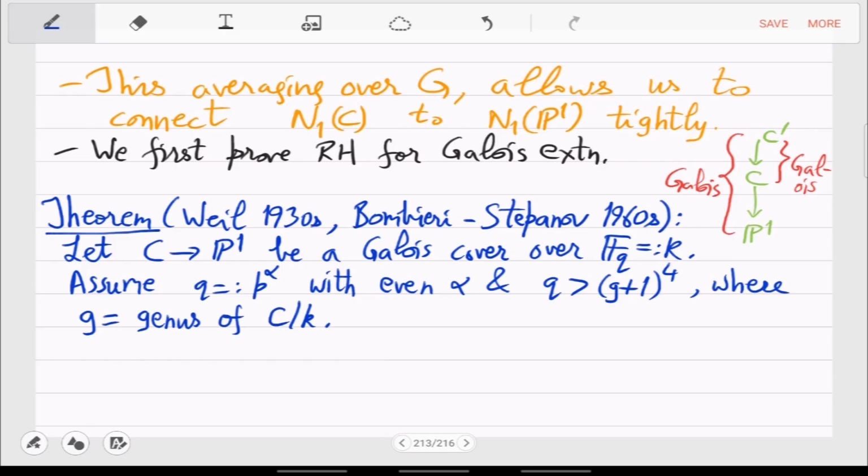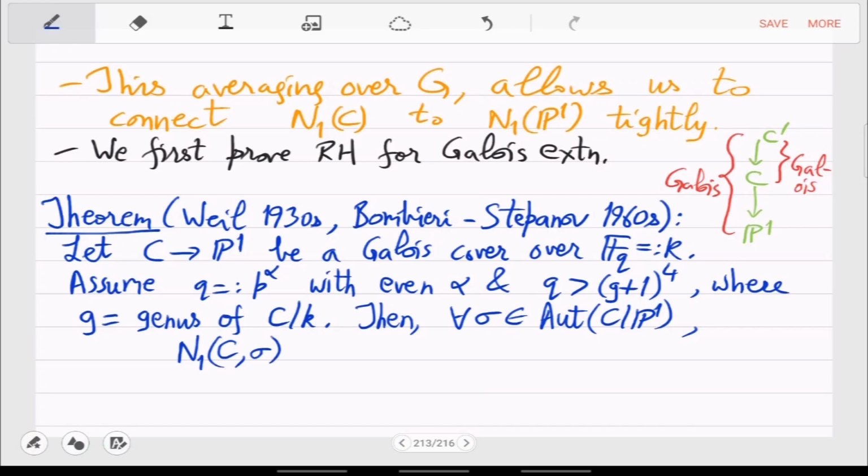So then with this setting, for all Galois automorphisms, this N1 count has an upper bound given by this expression.